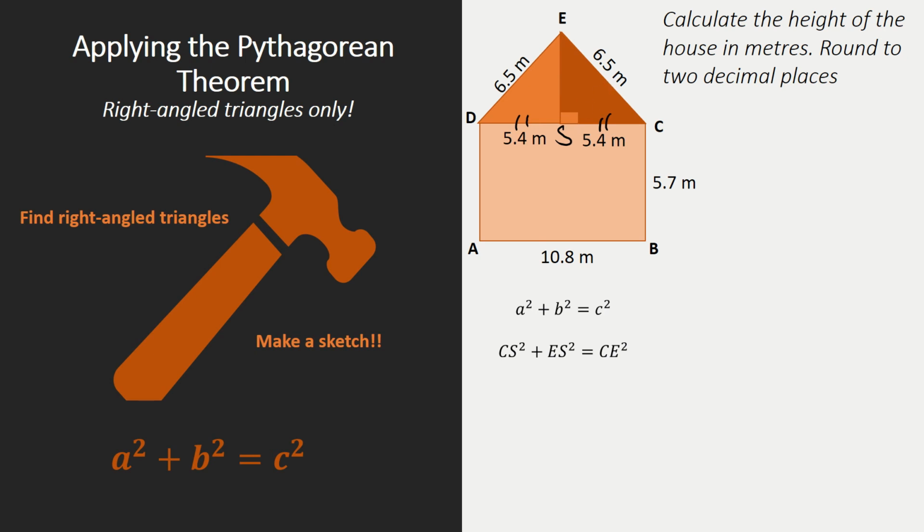If you write down everything with the letters, you're going to fill everything in. So 5.4 squared plus ES squared equals 6.5 squared. 5.4 squared, so 5.4 times 5.4 makes 29.16, and 6.5 times 6.5 makes 42.25.